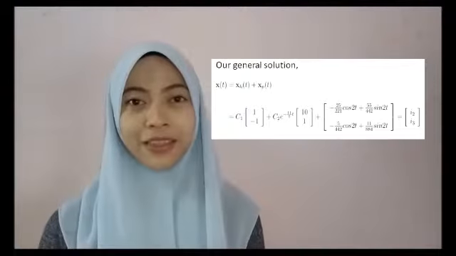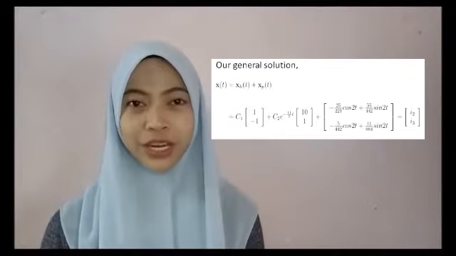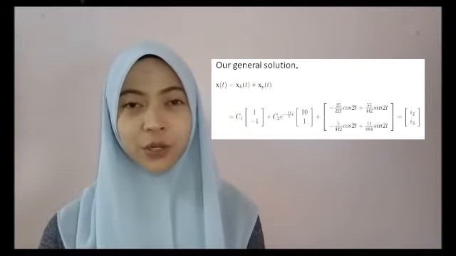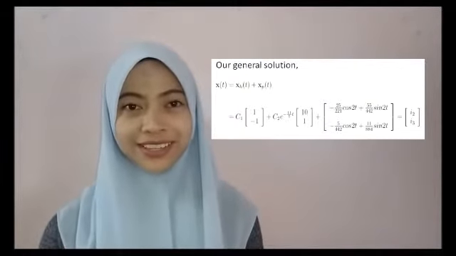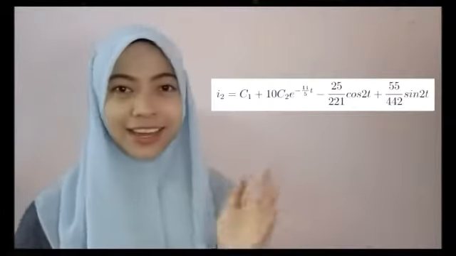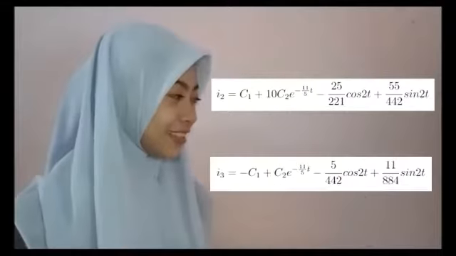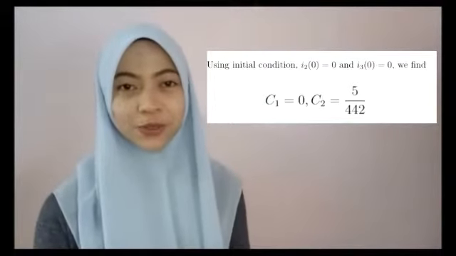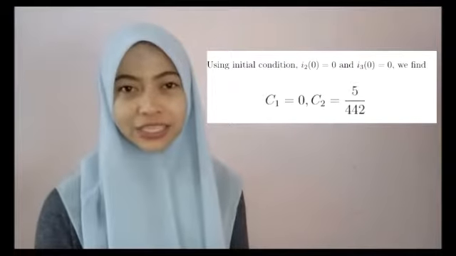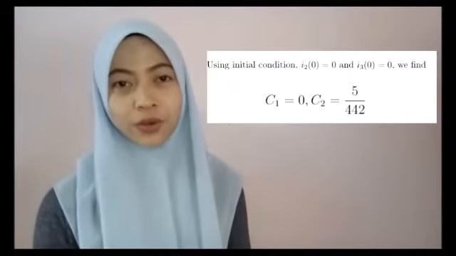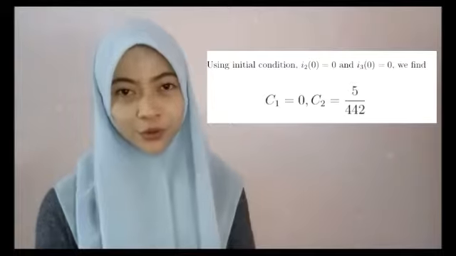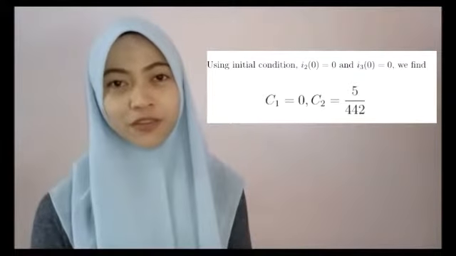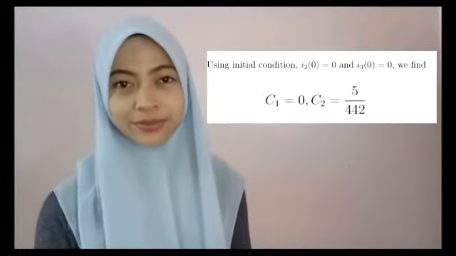After combining the homogeneous and particular solutions, we got our general solution, which equals I2 and I3. So, we got our I2, which is this, and our I3, which is this. Next, by using the initial condition, when t equals 0, I2 and I3 equal 0, therefore, we found our C1 equals 0 and C2 equals 5 over 442.